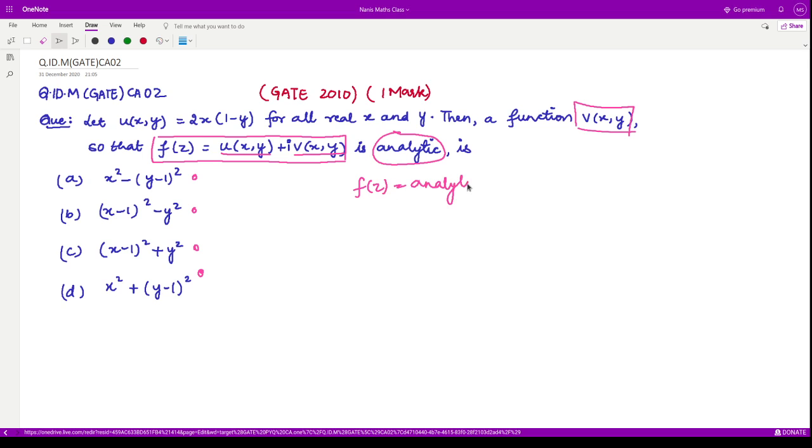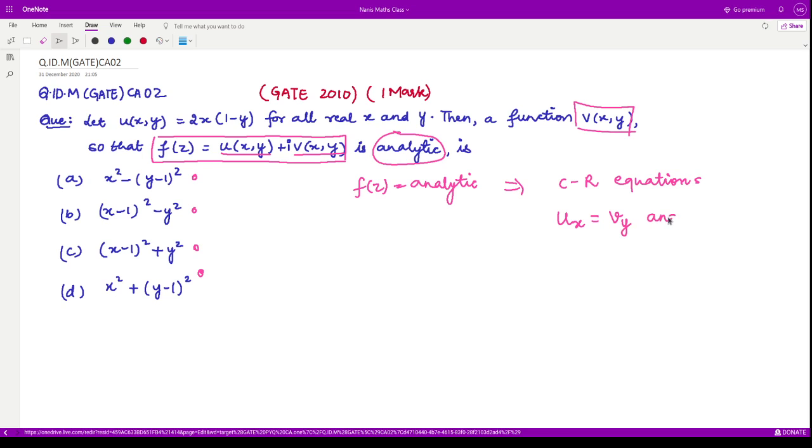Now if this function is an analytic function, that means it would follow the CR equations, the Cauchy-Riemann equations. And what are these equations? The first is the partial derivative of u with respect to x, which would be equal to the partial derivative of v with respect to y.